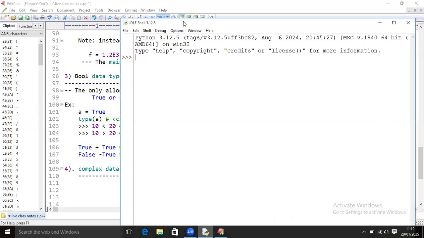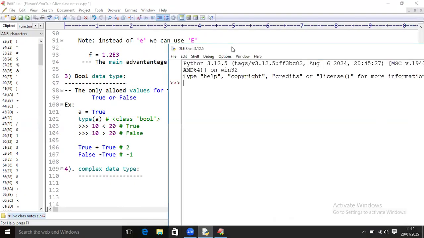Complex numbers consist of both real and imaginary parts, like this. I'm opening IDLE. Suppose a equal to 4 plus 5j. In this, 4 is the real part and 5j is the imaginary part.